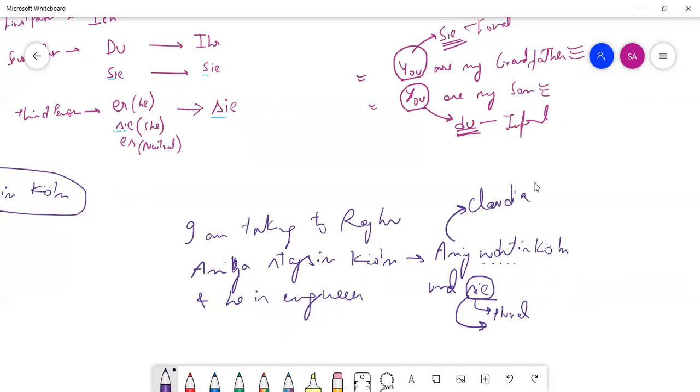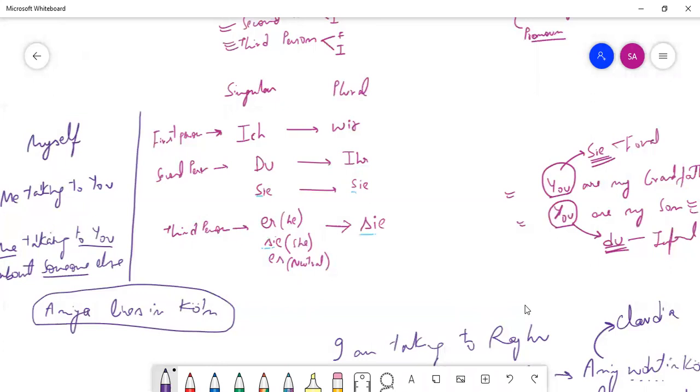Claudia wohnt in Cologne und sie ist Ingenieur. Right? In English you can replace it with they. And as I replaced here Z with she, here is he.